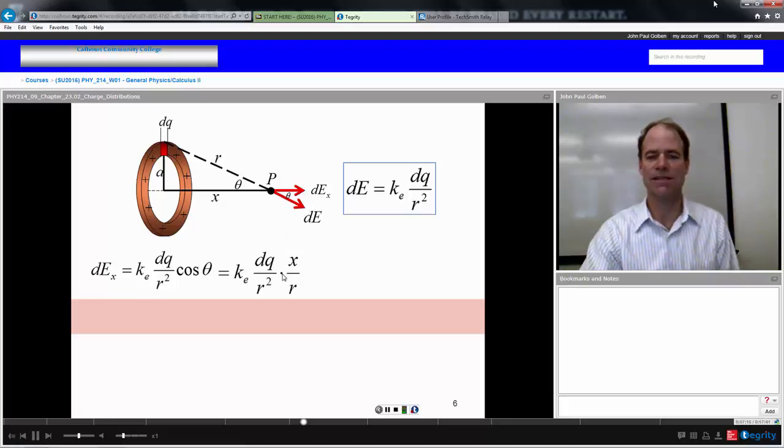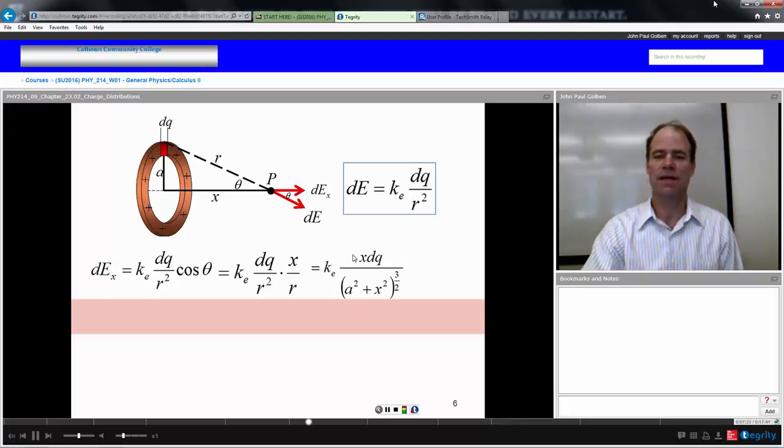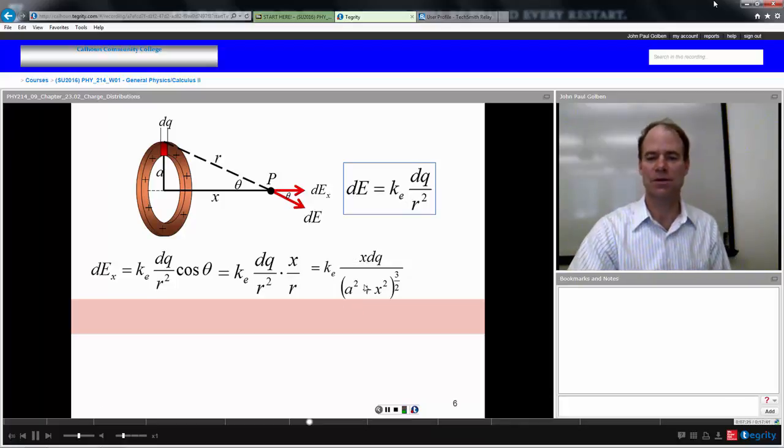So we have k dq over r squared times cosine theta, x divided by r, which would be k x dq over (a squared plus x squared) to the 3/2 power, because r, which is the hypotenuse of that triangle, is equal to the square root of a squared plus x squared. So r cubed is going to be the square root of a squared plus x squared to the 3rd power, or (a squared plus x squared) to the 3/2 power.